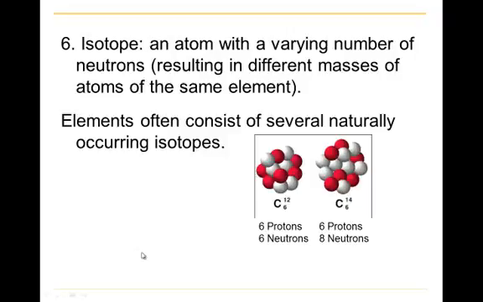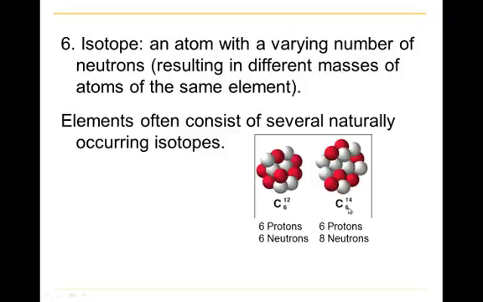Now, the concept of an isotope: an isotope is an atom with a varying number of neutrons. In other words, you have the same number of protons in 2 atoms, but one has a different number of neutrons than the other. And this might sound unusual, but most naturally occurring elements occur in multiple isotopes. So it's not an uncommon thing. For example, here is an example of 2 carbon atoms. Notice that carbon has an atomic number of 6.